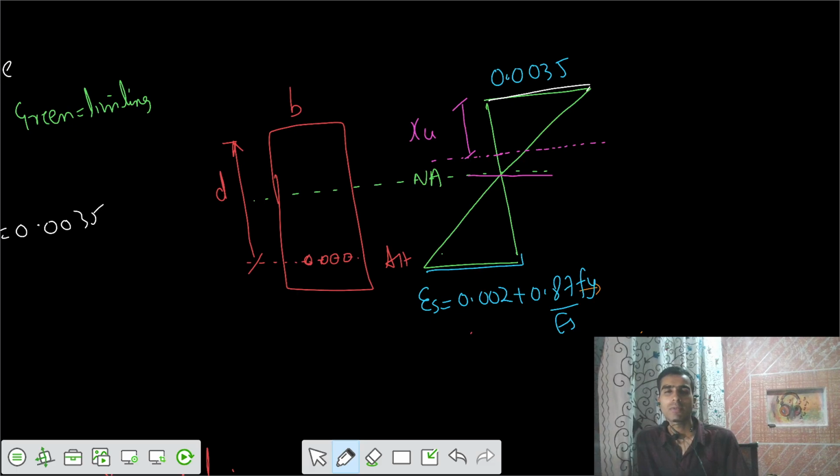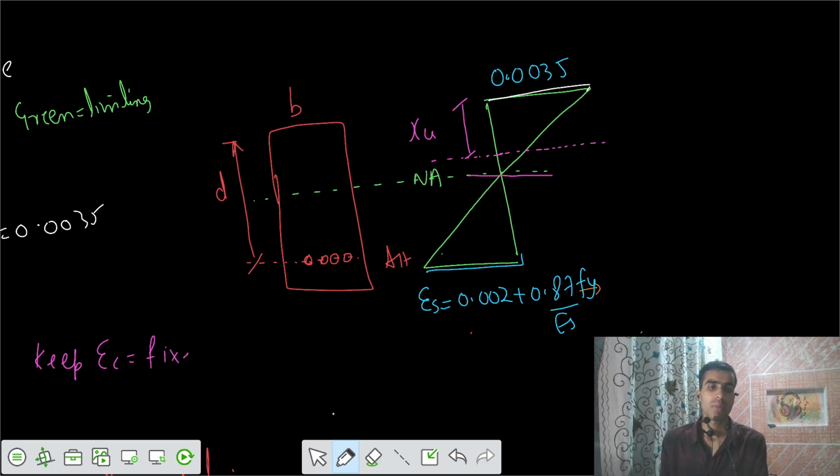Let's say the strain in concrete is 0.0035. If I keep the strain on one side the same, then we need to join that up to the neutral axis. Let's try to keep εc fixed at 0.0035 from the top, and study what is happening.